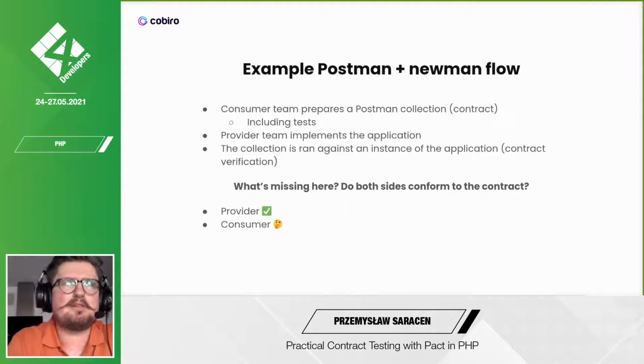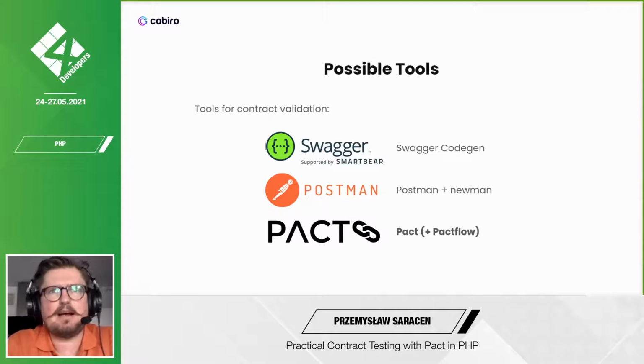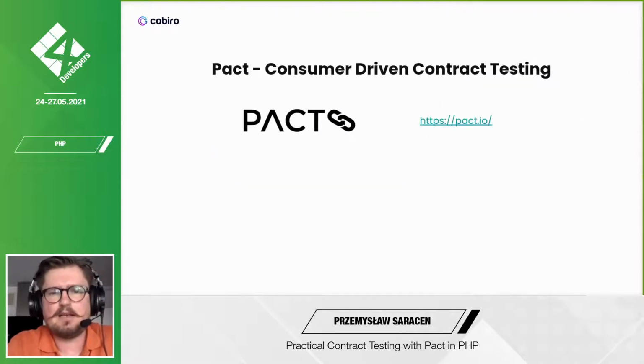So we don't actually know if the consumer side is really verified until we check it. And that's where Pact comes in. I think that from the solutions I've personally tested, this is the one that actually ensures that both sides conform to the contract. So let's go and talk about Pact itself.